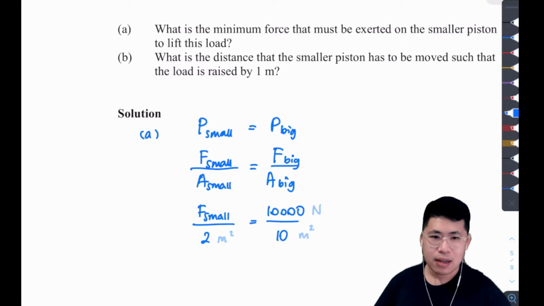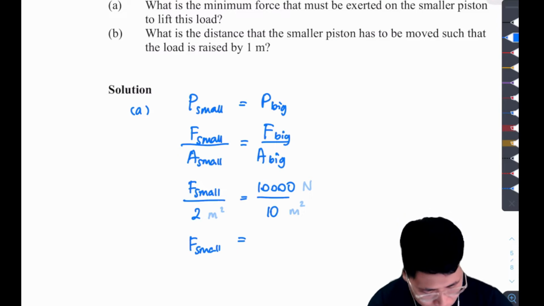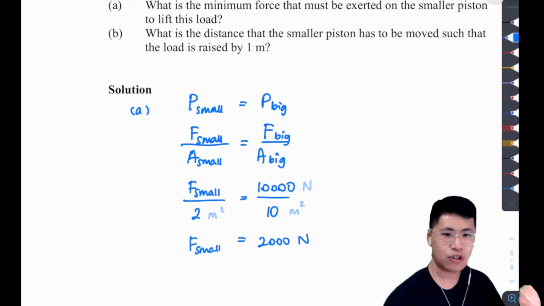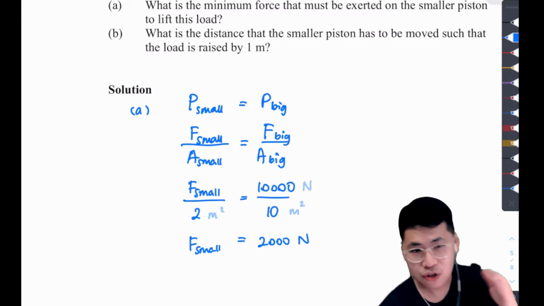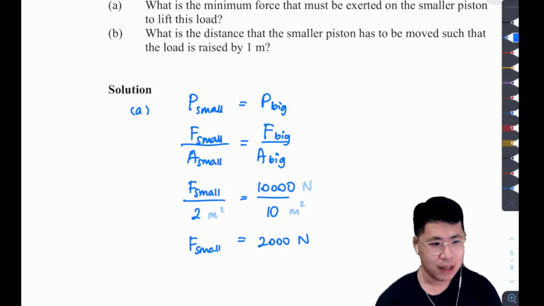So how do we solve for the small force? Small force is just times 2 of that, so we have just 2,000 newtons. So with just 2,000 newtons of force, we can generate 10,000 newtons of force just by having the area 5 times larger. So this would be the minimum force needed.